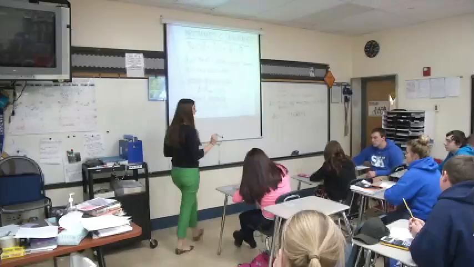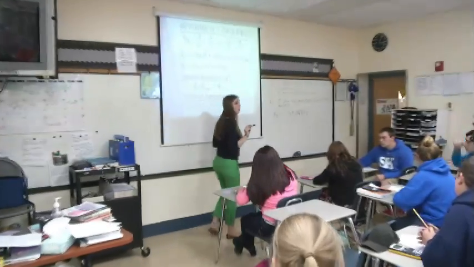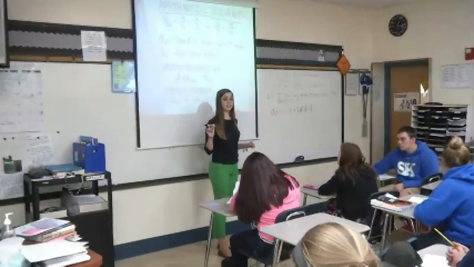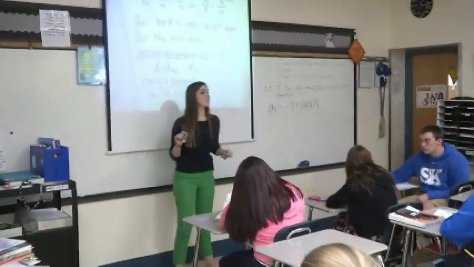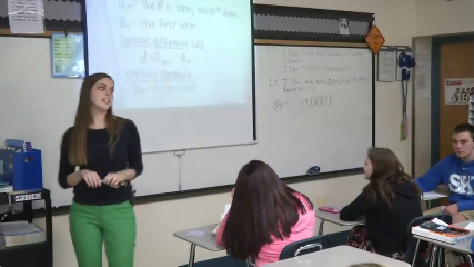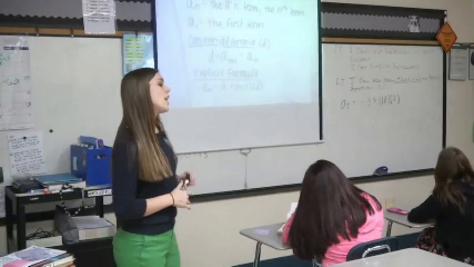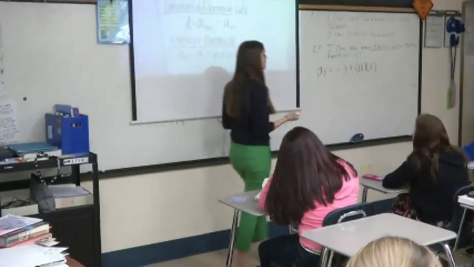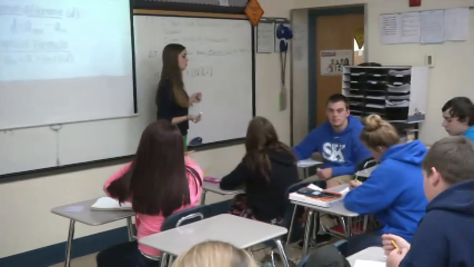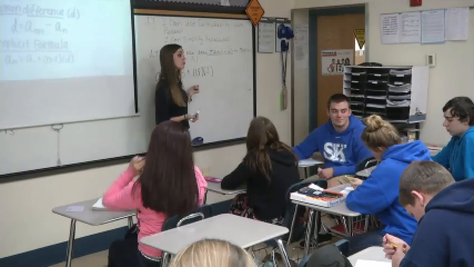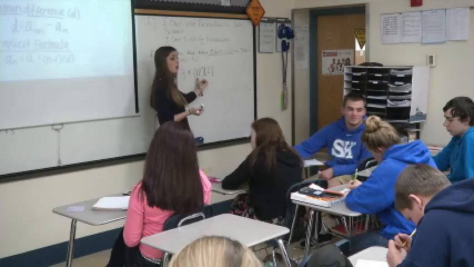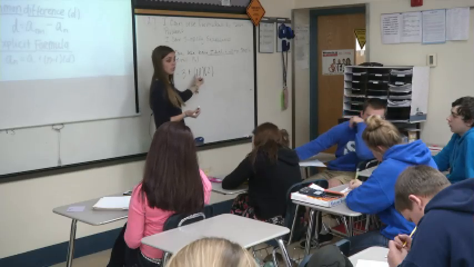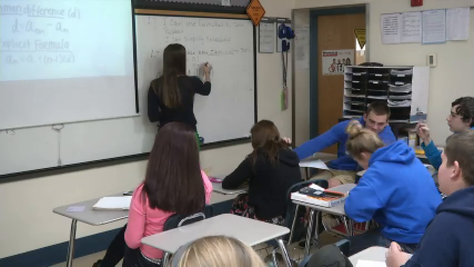All right, who thinks they have the answer on their card? Tanner thinks he's got the answer. Why is it 19, Tanner? You do one less than the thing, and it's 18. Right, so this parenthesis comes from n minus 1.